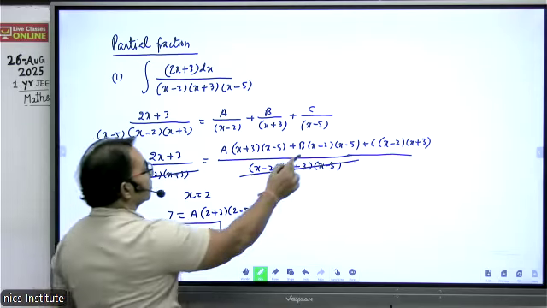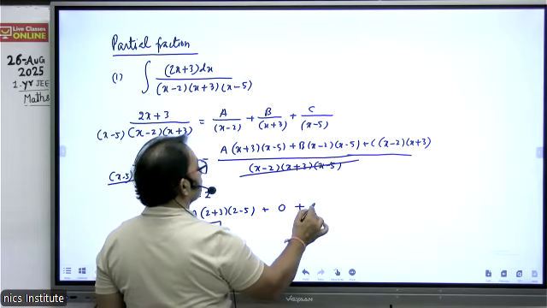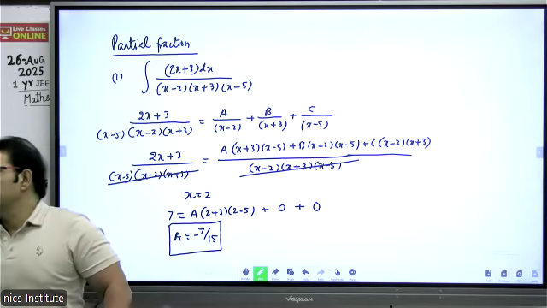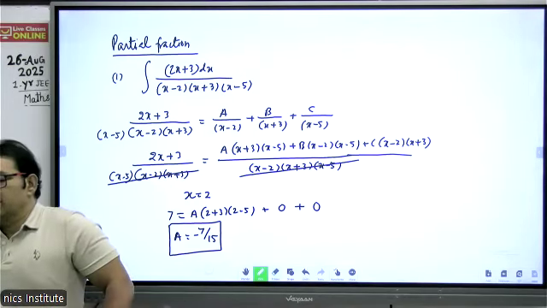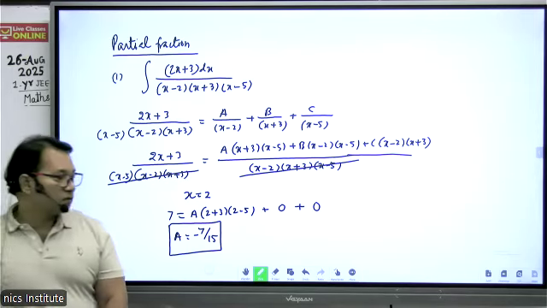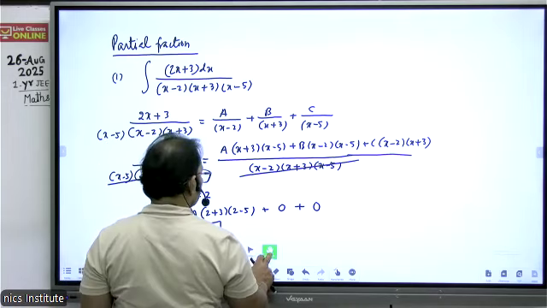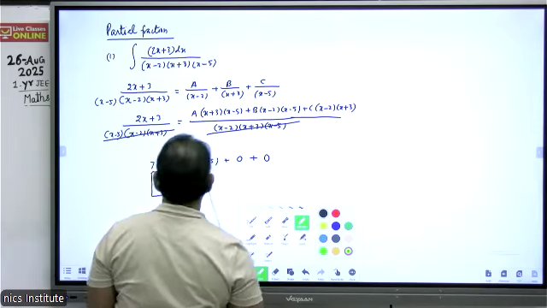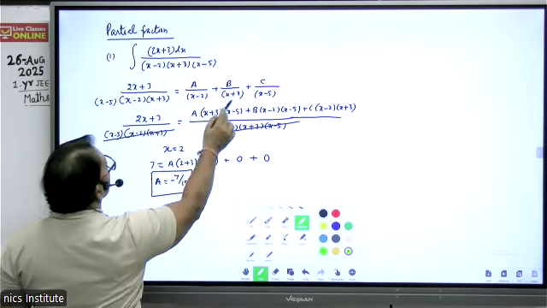And these will be 0. The other two factors will become 0. Similarly, you can find B and C also. Next zero would be minus 3.